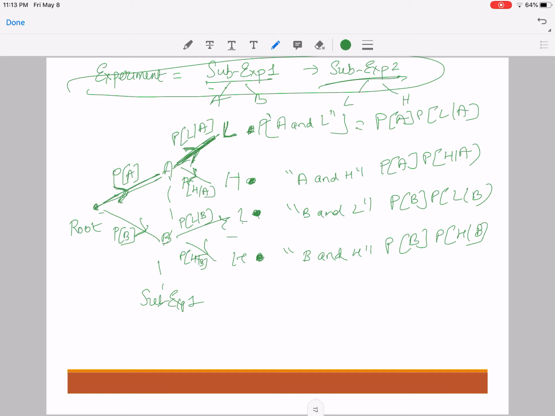Specifically, let's say that I'm interested in an event which corresponds to these two leaves. In order to find probability of such an event, I will add the probabilities of these leaves.